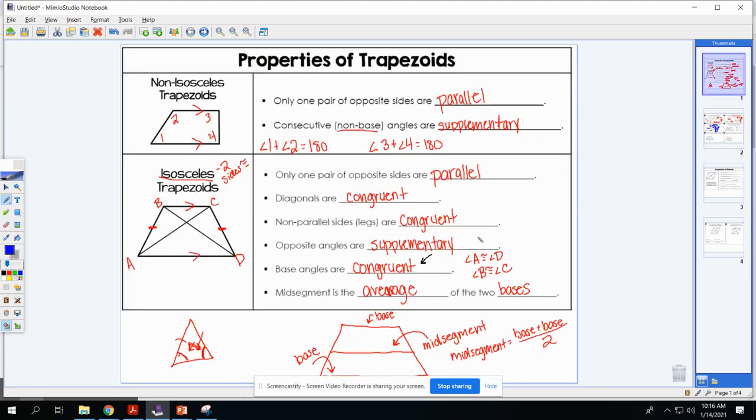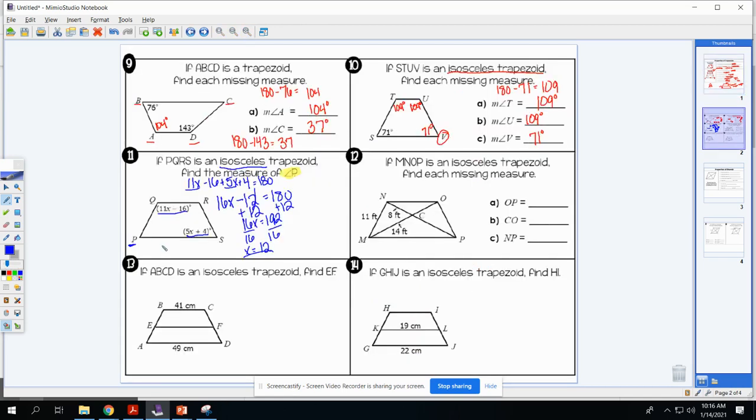When we think about the base angles of an isosceles trapezoid, we know those base angles are congruent. So we know P and S must be congruent to each other. So if we plug x right back in for S, that's not only going to give us angle S, but it's also going to give us angle P. So if angle S is 5x plus 4, that means angle P is 5x plus 4.